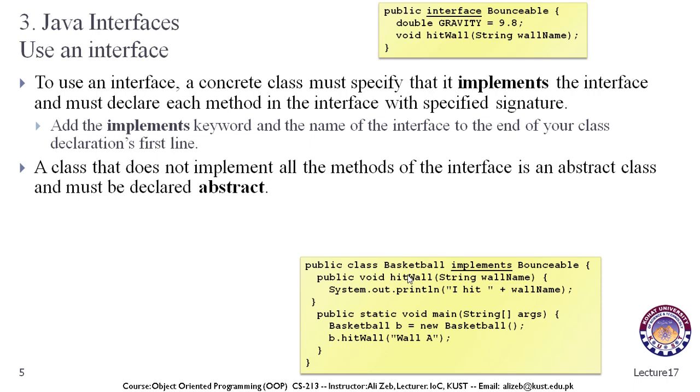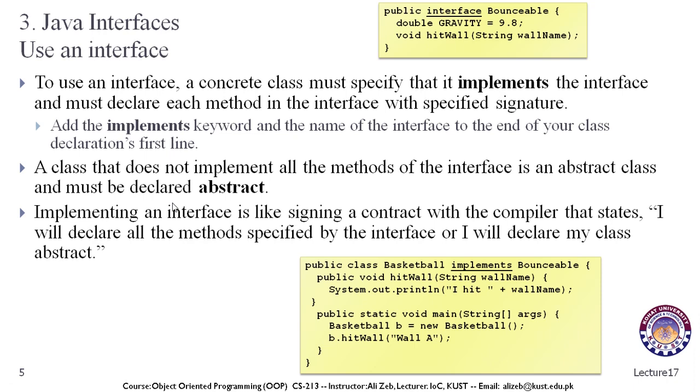But if it does not, that subclass needs to be declared as abstract. Otherwise, we will get a compilation error. Same is true for interfaces. If a class implements an interface, that class needs to either implement all the methods of the interface or it needs to be declared as abstract class.